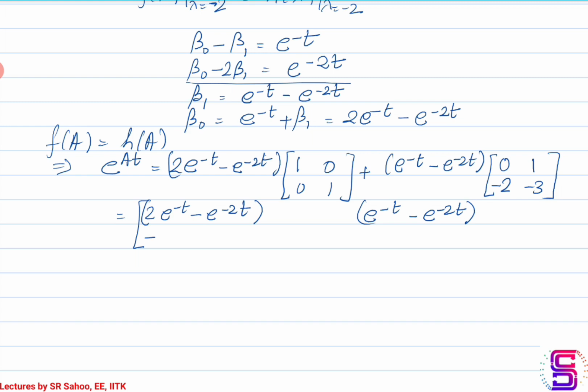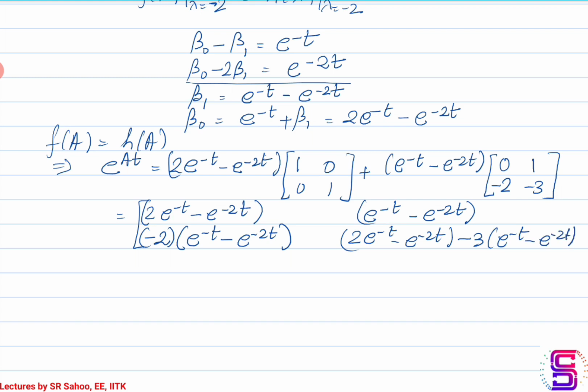The third entry is minus 2 multiplied by e power minus t minus e power minus 2t, and the fourth entry is 2 e power minus t minus e power minus 2t, minus 3 multiplied by e power minus t minus e power minus 2t.